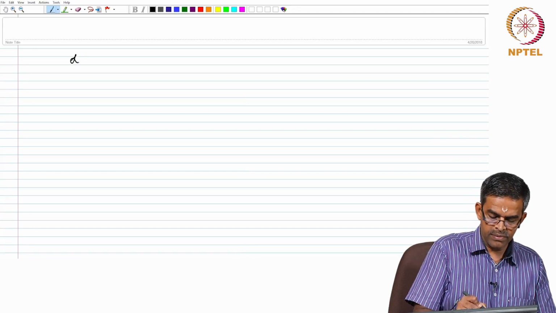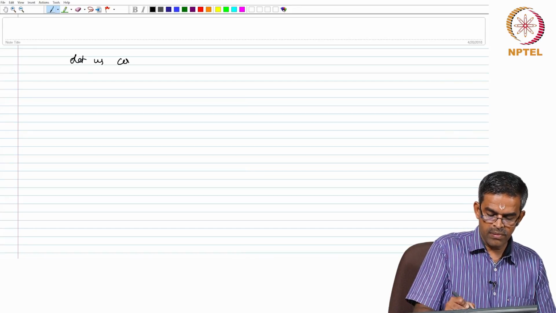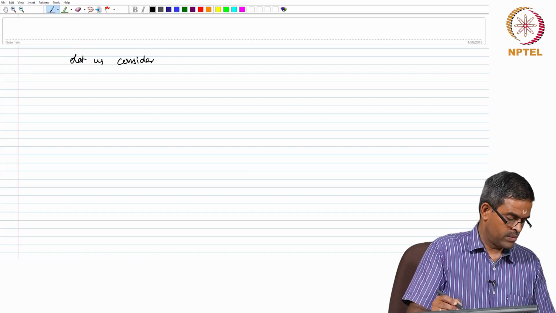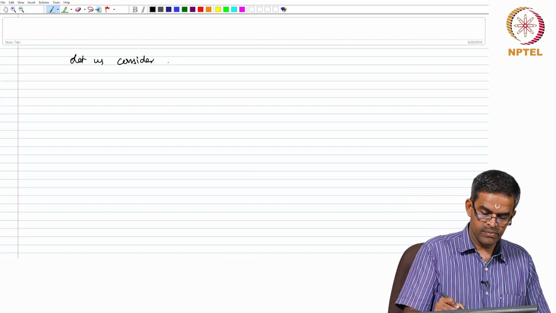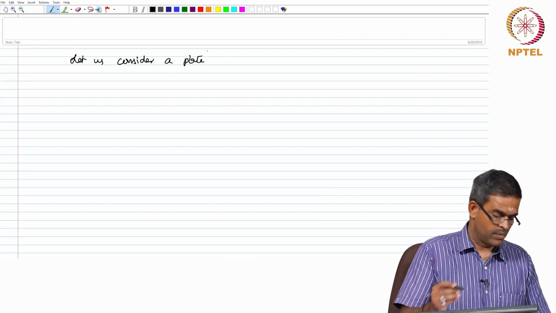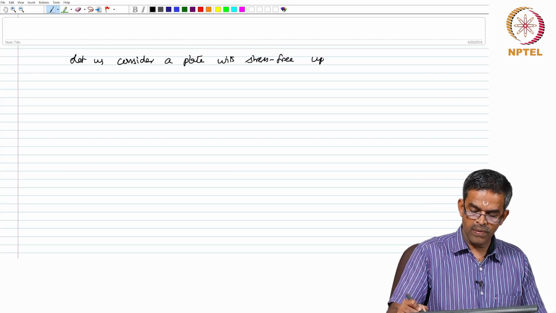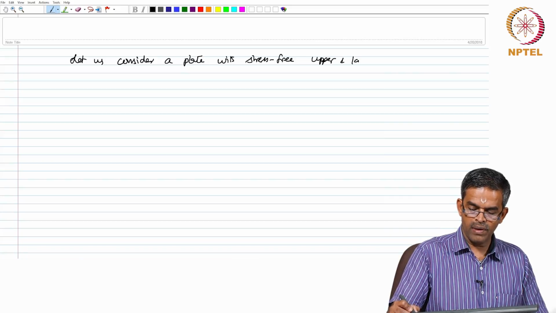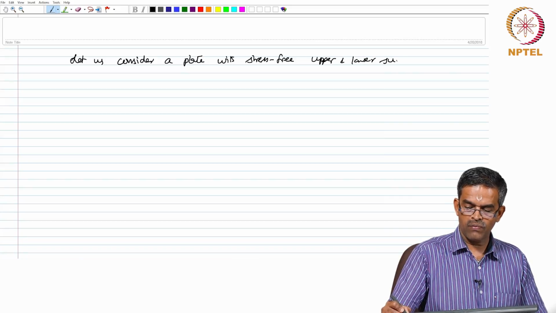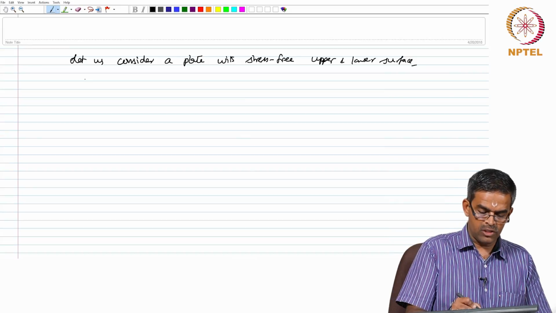Let us consider a plate with stress free upper and lower surface as shown in the figure.